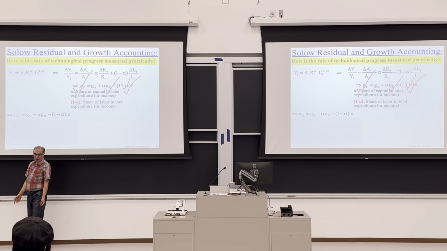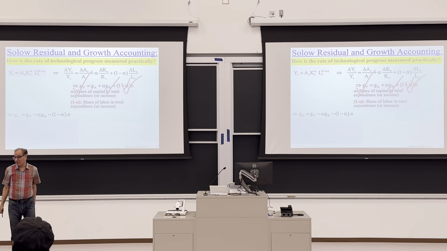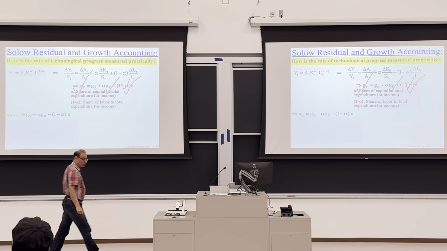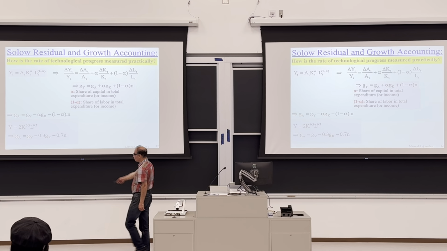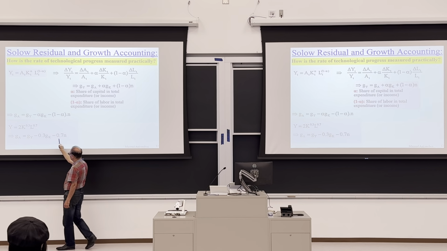Technological progress. There is a leftover. So that's why it's called the Solow residual. Solow residual. You understand? Because the rest are observable. You can measure everything else. So the part of growth in output which cannot be explained by more people, more capital should be assigned to technology. Understand? So you know my favorite production function.